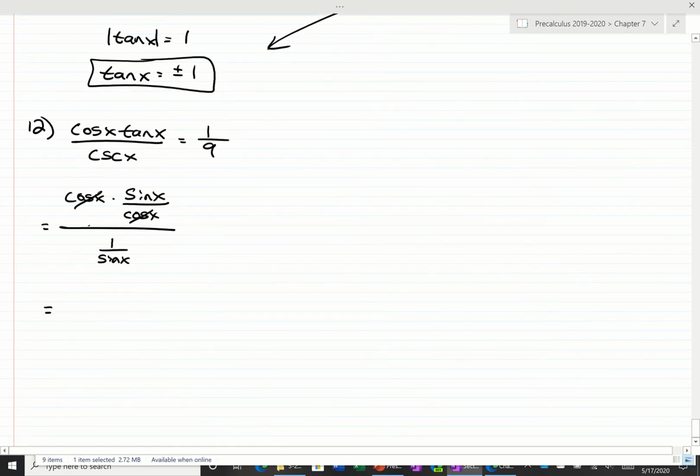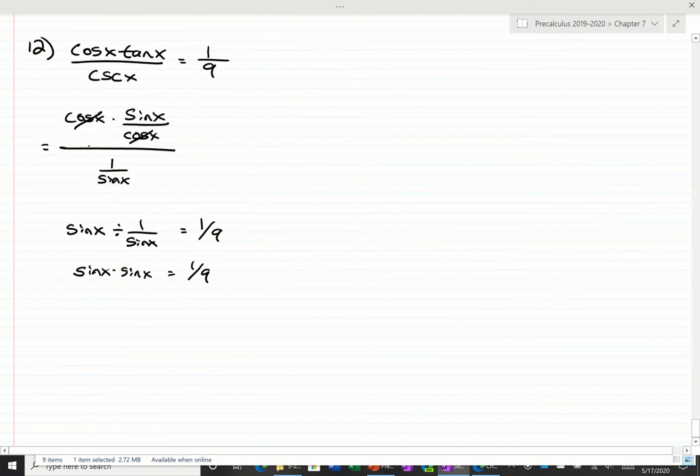And really what you end up with is sine divided by 1 over sine is equal to 1/9, which would be sine of x times sine of x, which is sine squared of x. And we go to take the square root just like before. We get that sine of x would equal plus or minus 1/3.